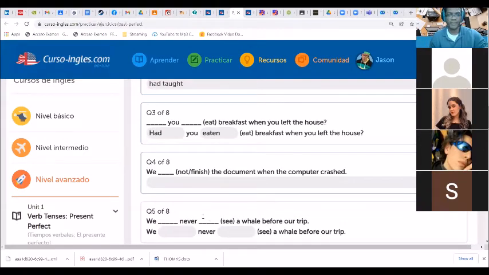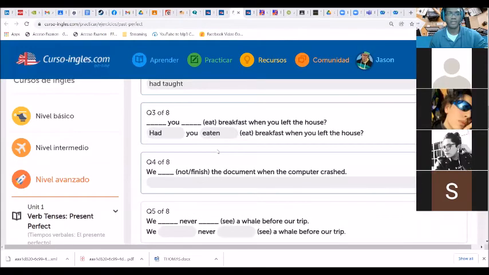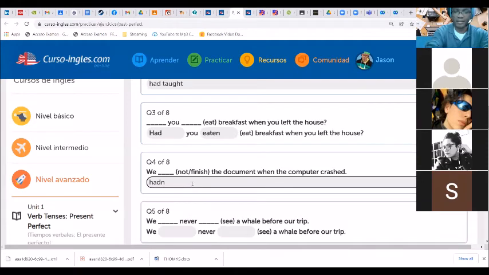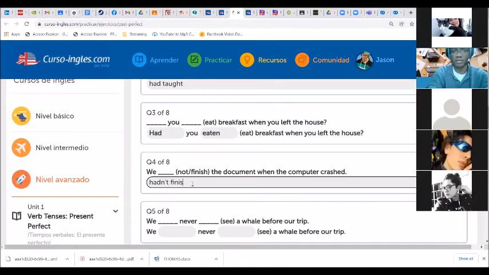Emiliano, number 4. She hasn't, es que no sé cómo se dice, finishing. Finished. This is a regular verb. Hadn't. We hadn't finished the document when the computer crashed. All right, good. Brenda?